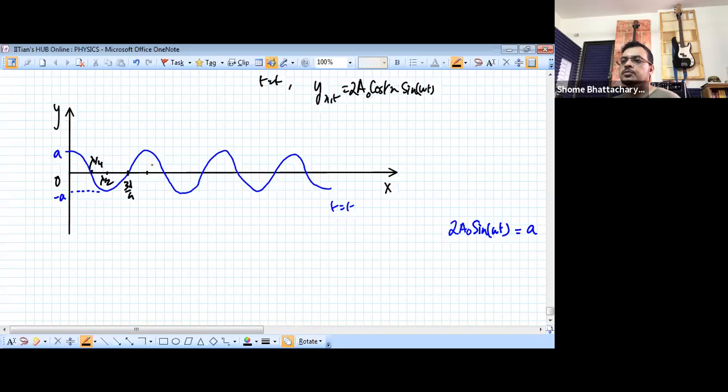And this point will correspond to where x is lambda. So then again add another lambda by 4, add another lambda by 4, add another lambda by 4: 7 lambda by 4, 8 lambda by 4 or 2 lambda lengths.